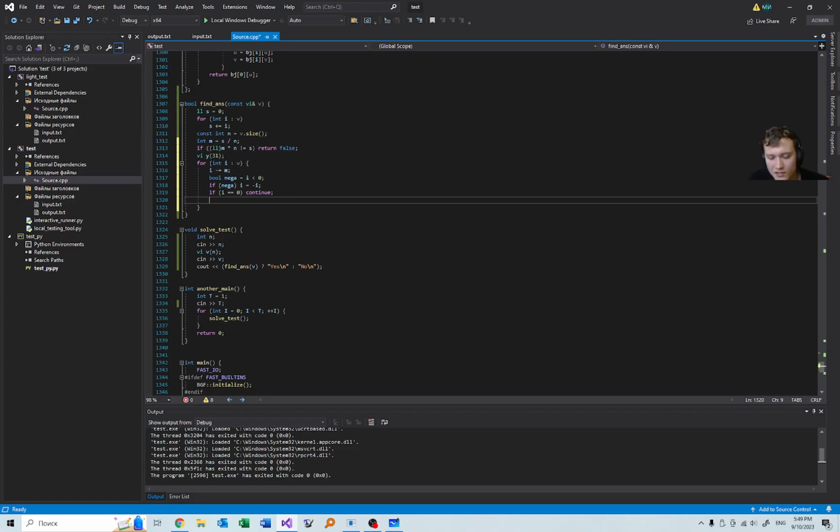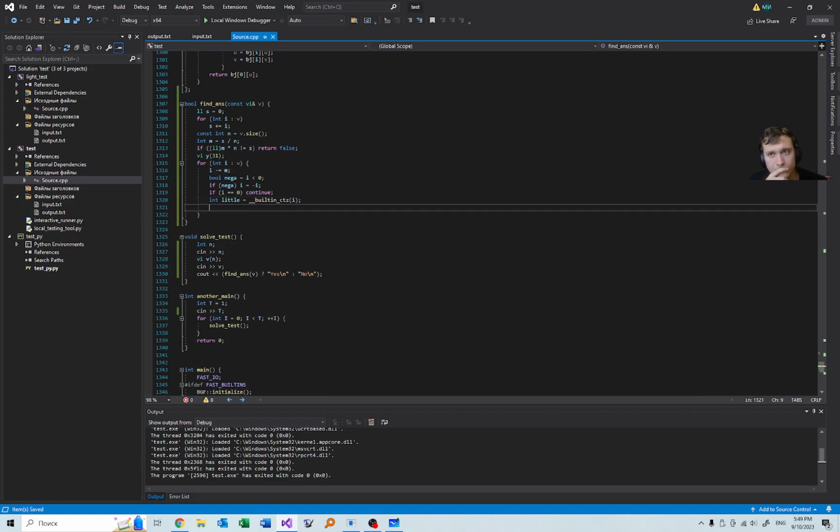One of them is just count trailing zeros of I. Yeah. So after that we say I plus equals 1 over little.